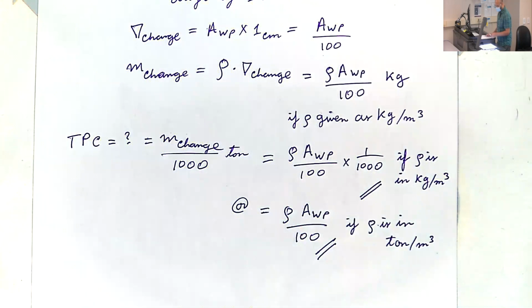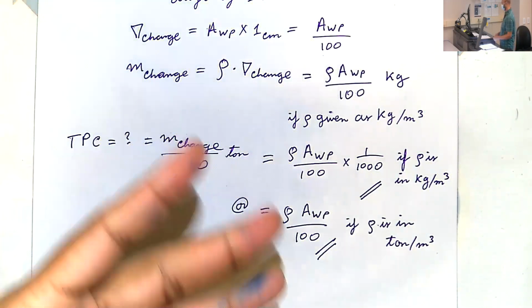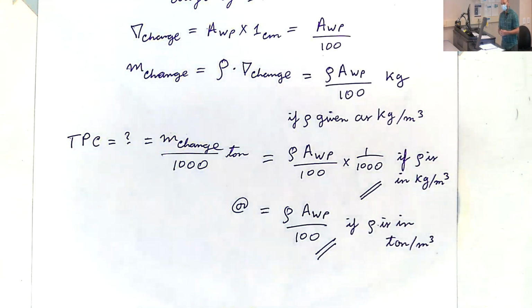All right, any questions? Okay, so that was, I mean, if you understand all of what we talked about right now, you basically understand what happens when you load or unload cargo.